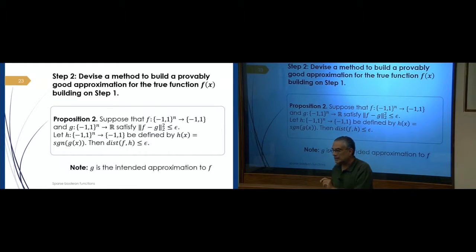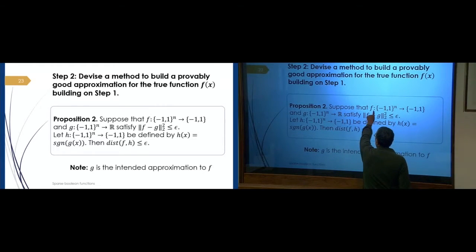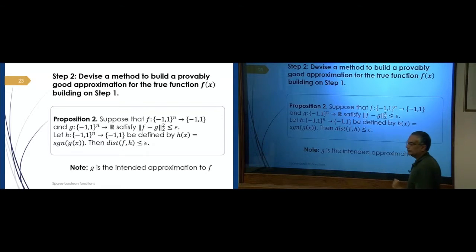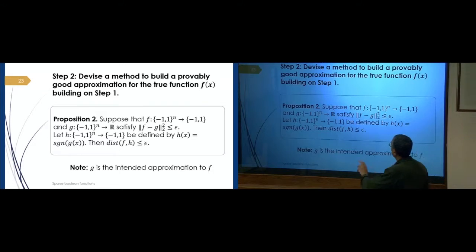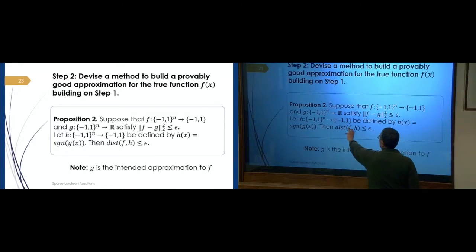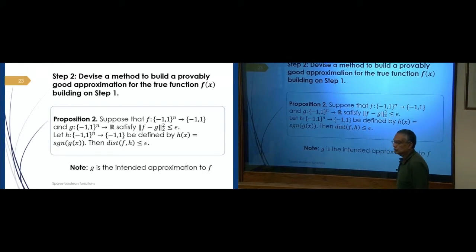So by sidestepping, what I meant was, instead of going through a complicated way of proving that f and h are related in a nice way, we will show f and g are related in a nice way, and use that to eventually conclude that f and h are related in a nice way. So this is the premise. This is what we'll conclude. Okay?